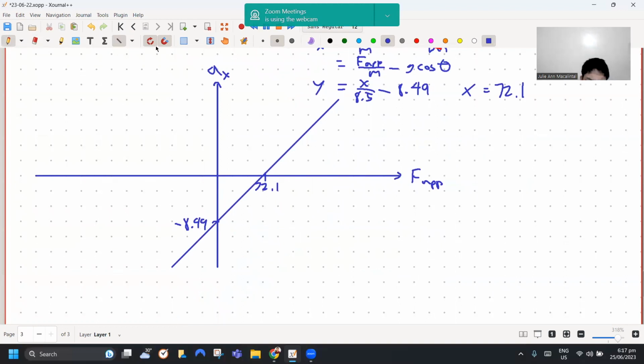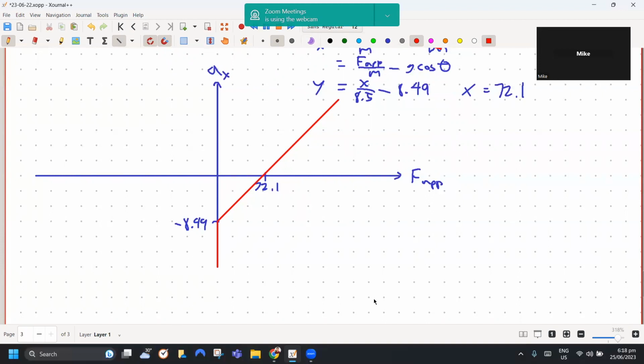And then, saan yung iba ba? Ay, burahin mo na lang. Ayun. Oh, I forgot to use red pen. Okay. Then, we have 0. Wait. For F applied is less than 72.1.